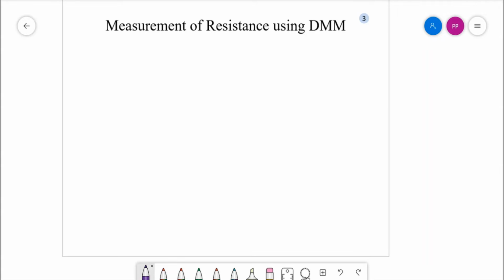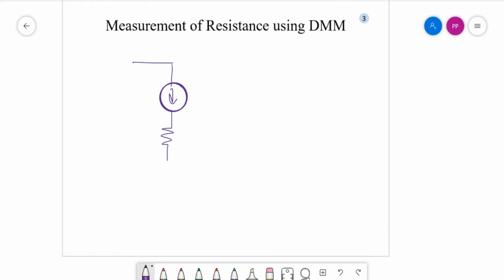So we are going for a circuit with a constant current source. This current source will charge the circuit. So basically the current I will flow through this circuit, and we have a ground over here.